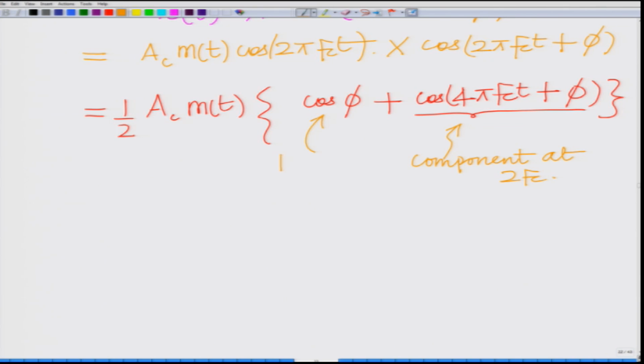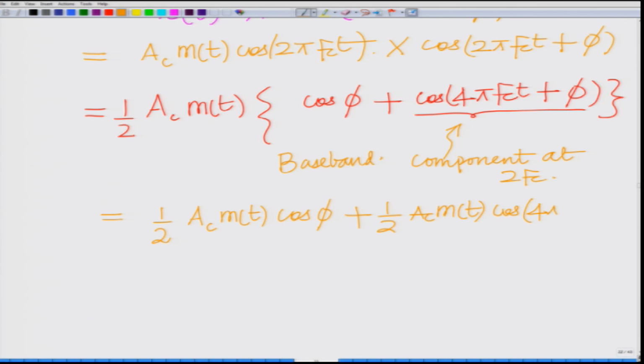So, I can write one more step: half A_C m(t) cosine phi plus half A_C m(t) cosine(4 pi f_c t plus phi).